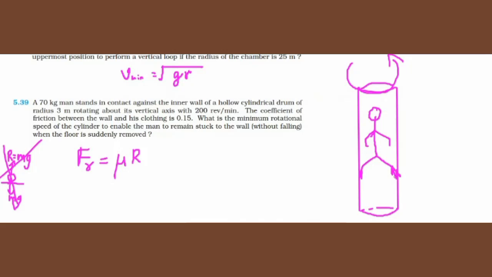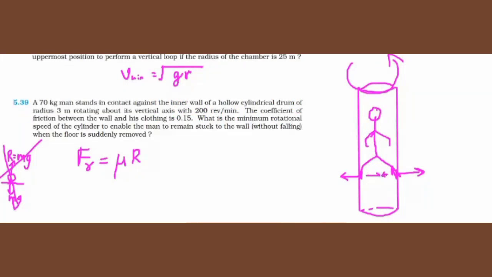So what provides him the reaction? Actually, what will happen here when the drum rotates? He will get a centripetal force towards the center. And the reaction of the centripetal force we have to consider. The reaction of centripetal force we call centrifugal force.